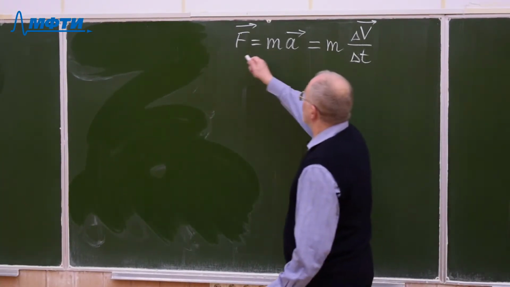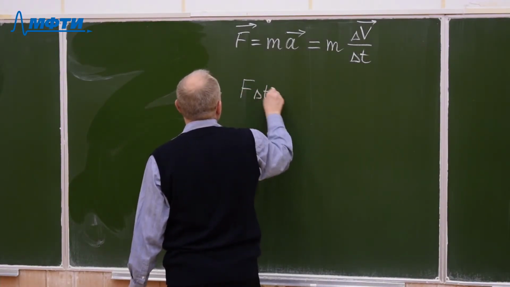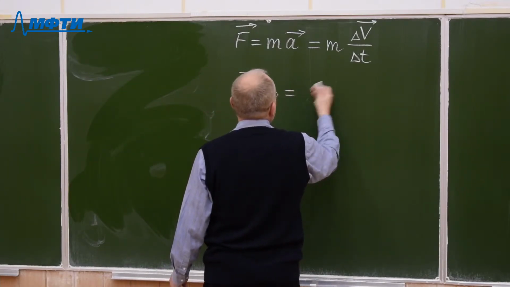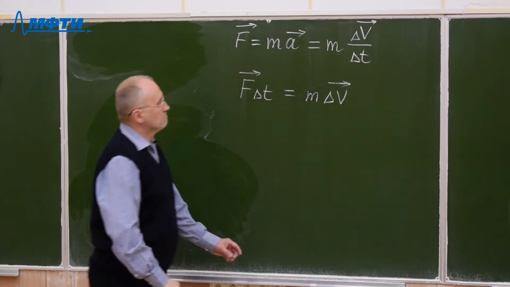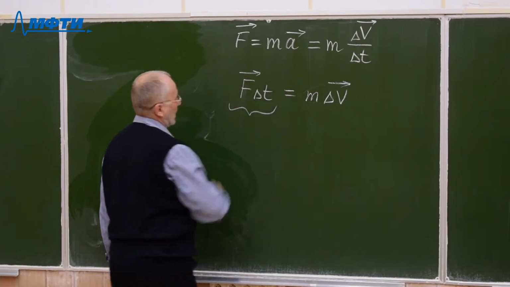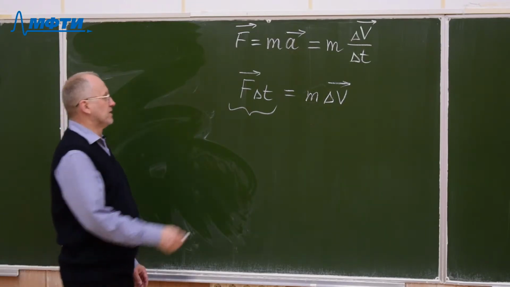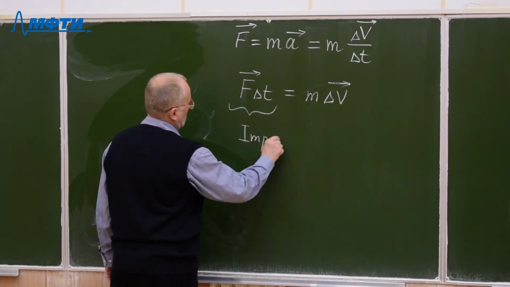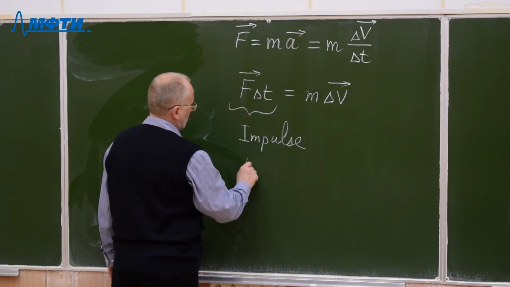Multiplying this equation by delta t, one obtains F delta t equals m delta v. This quantity has a special name. It's called the impulse of the force.